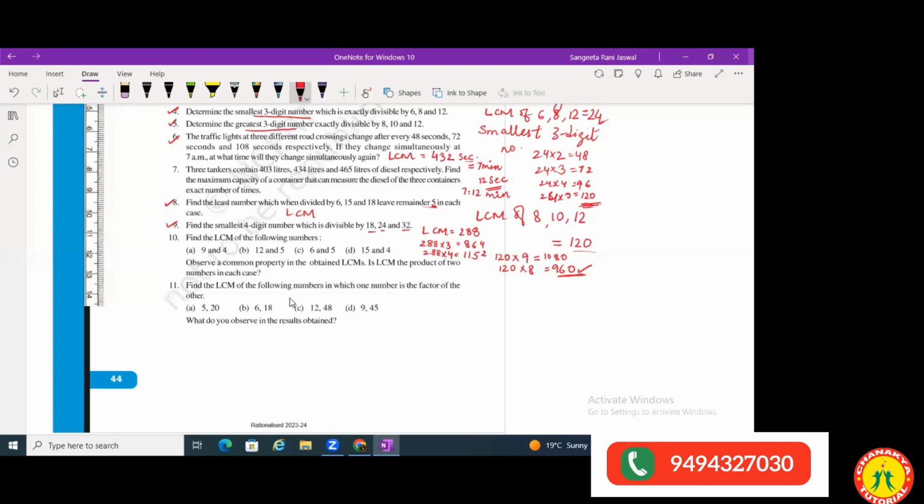Okay, so when you multiply 288 by 4, you get 1152, the smallest 4-digit number of which 288 is a factor.